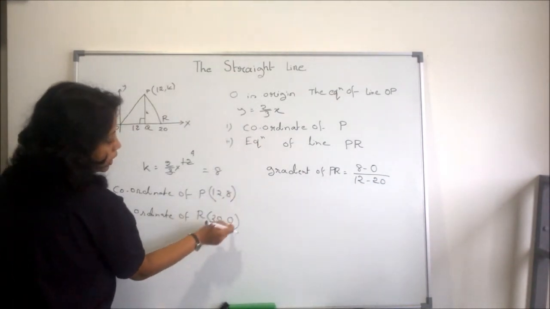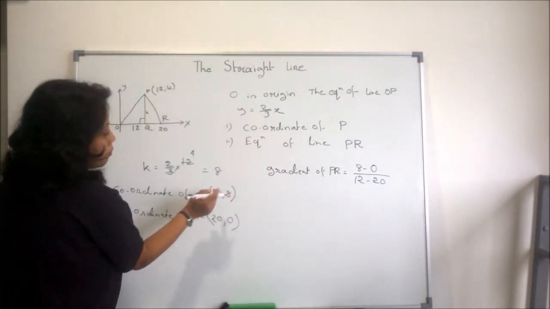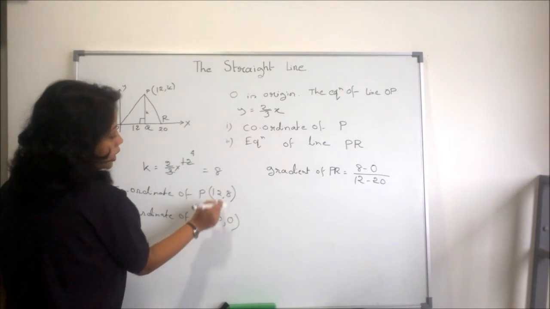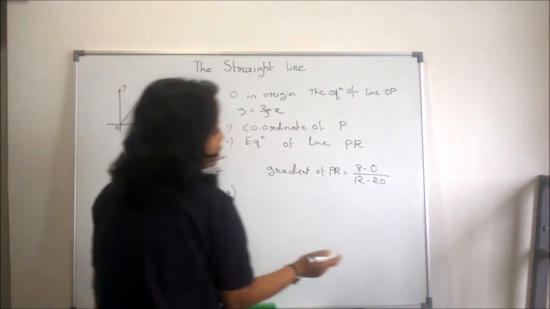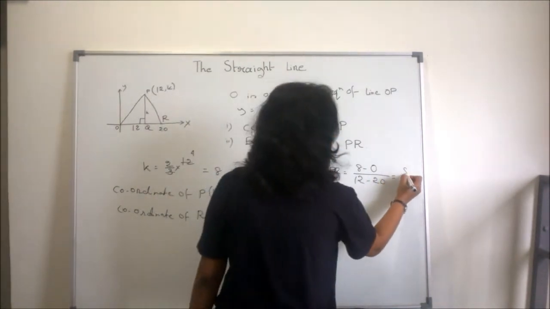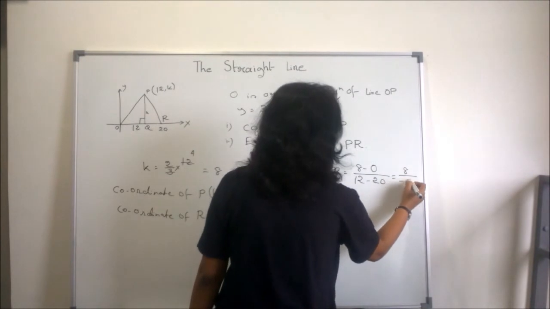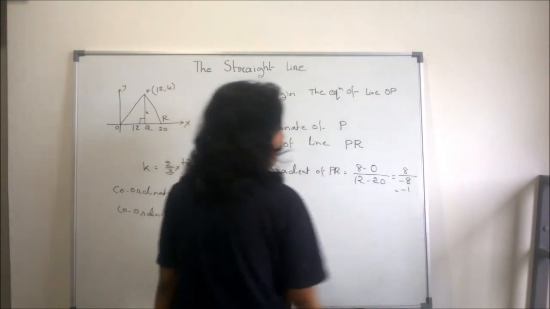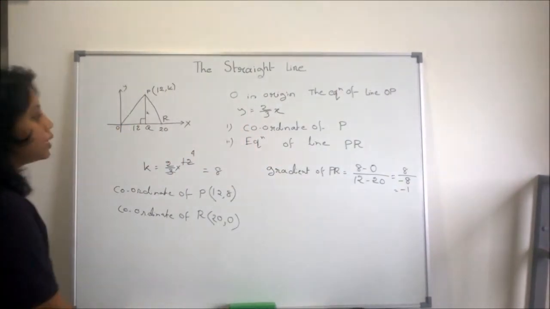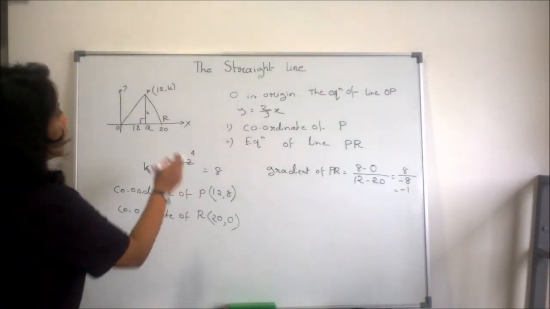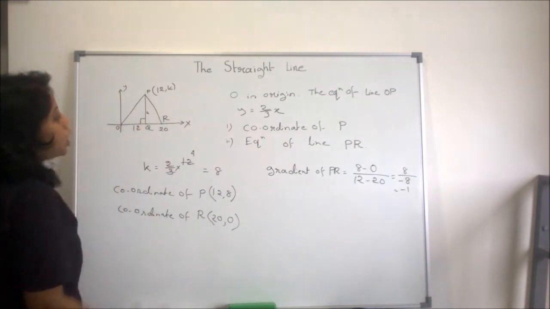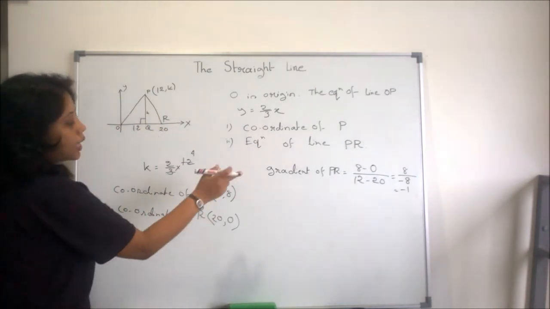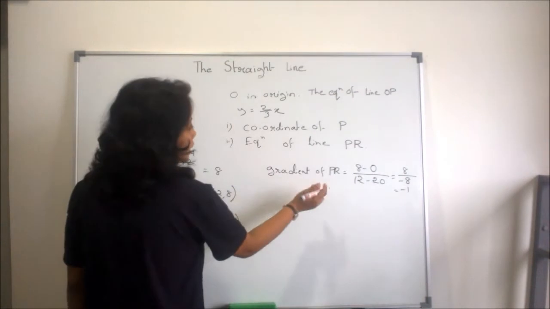Difference between y coordinates by difference between x coordinates. So this becomes 8 by minus 8, so this becomes minus 1. Okay. So we have found out already the gradient of PR. Now PR is a line whose gradient is minus 1.